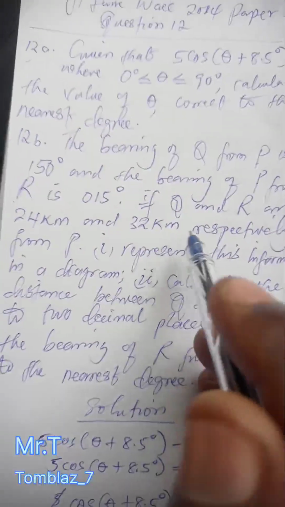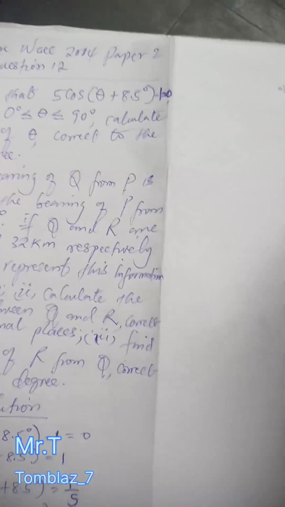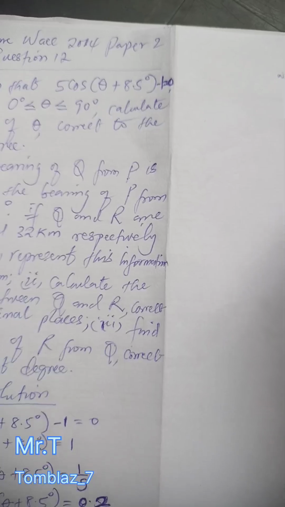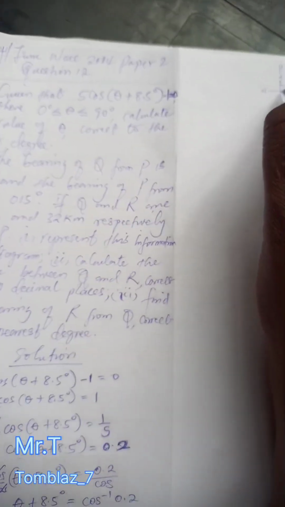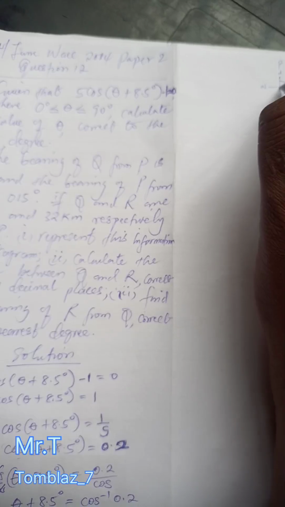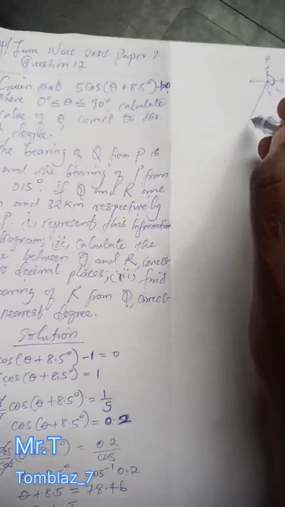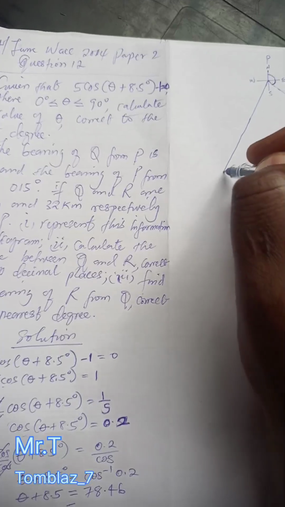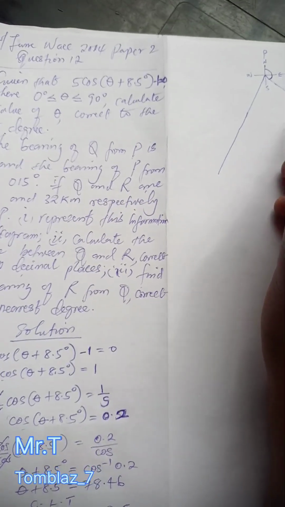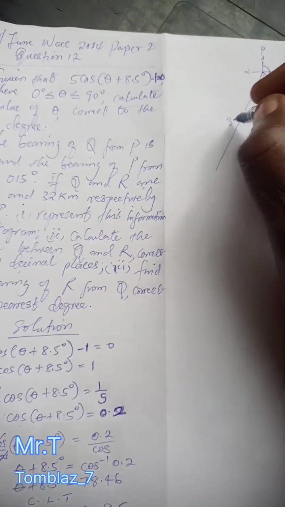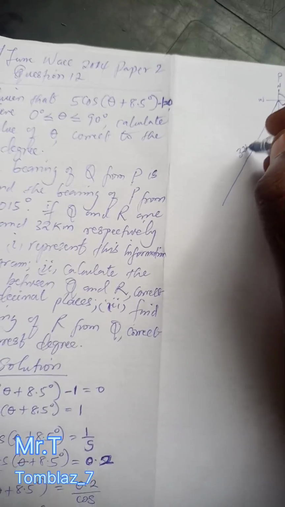The distance of R is 32 kilometers. So 32 is supposed to be longer than 24. So let's start taking it from this point to get to R. So recall that this should be longer than 24. So this will give us our what? 32 kilometers.